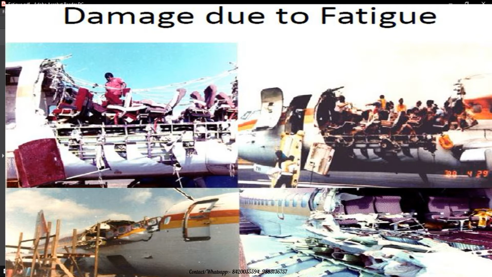While the aircraft was traveling at a speed of 500 kilometers per hour, the complete fuselage, the aircraft covering, ripped off. Why? Because the crack on the body increased due to the fluctuation of the stresses.